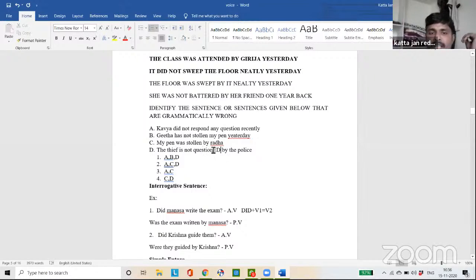So it is wrong. It is right: My pen was stolen by Radha. Though Radha does not have a capital letter at first, it is right, because all proper nouns are not known by all the people across the world, since proper nouns cannot be easily identified.